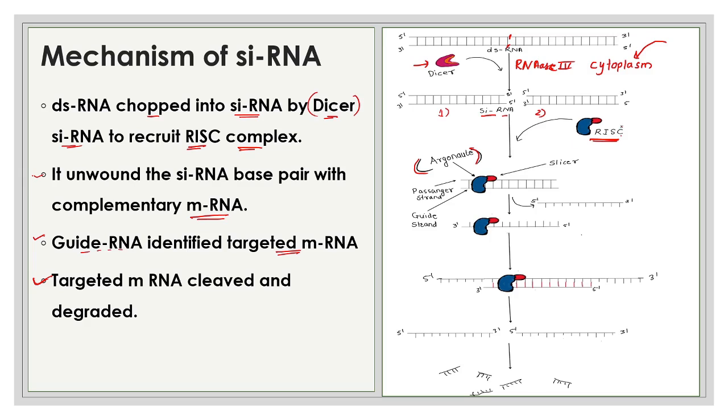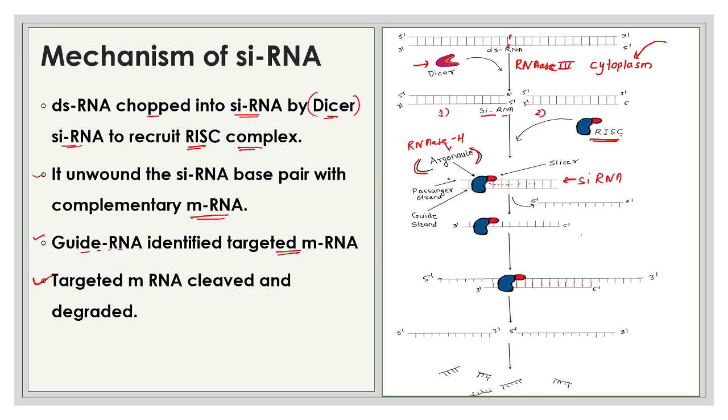That RISC assembly binds to the siRNA and processes it. How does it process it? Argonaute in the RISC complex performs RNase H activity, which cuts a single strand, and the whole RISC assembly unwinds the double-stranded siRNA.